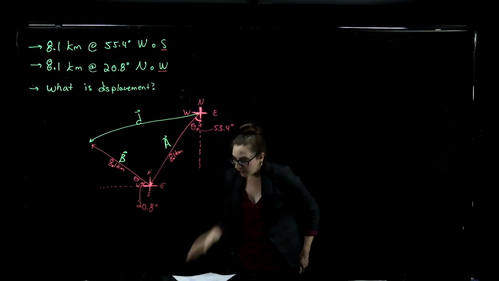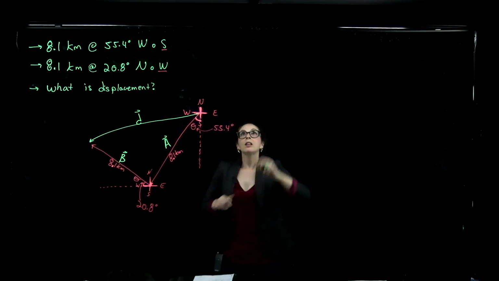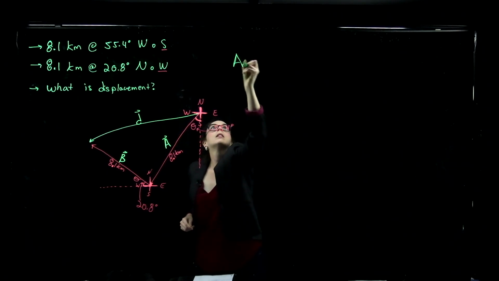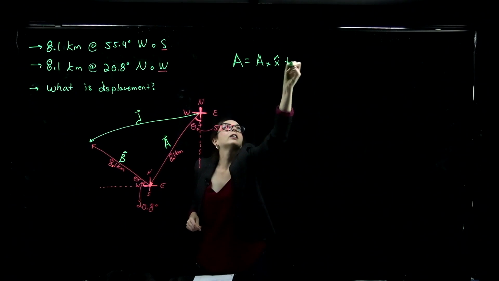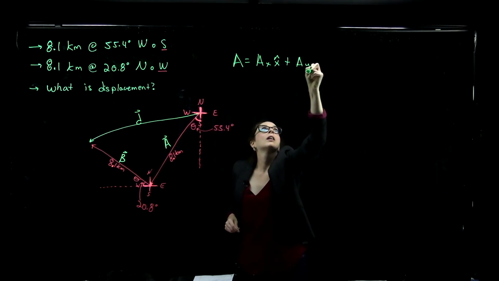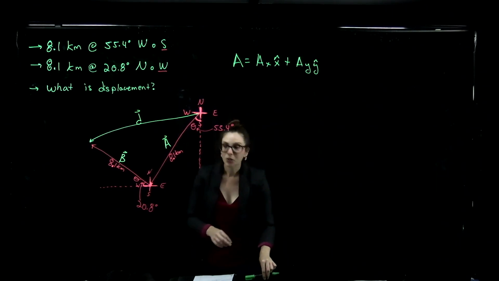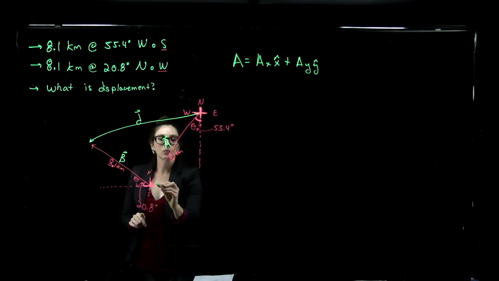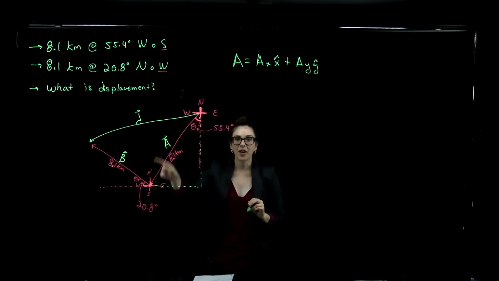So let's start here by writing out our vectors in vector form. Let's start with our A vector. Right here, this is my A vector.